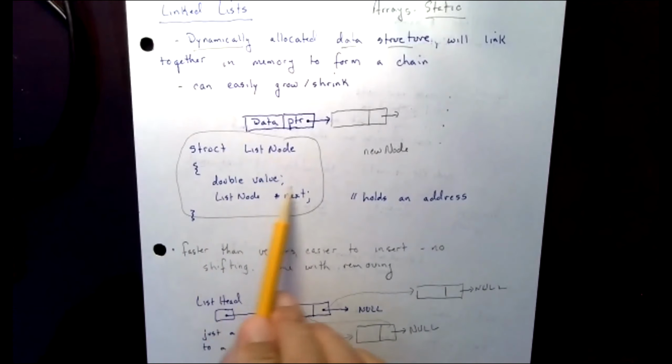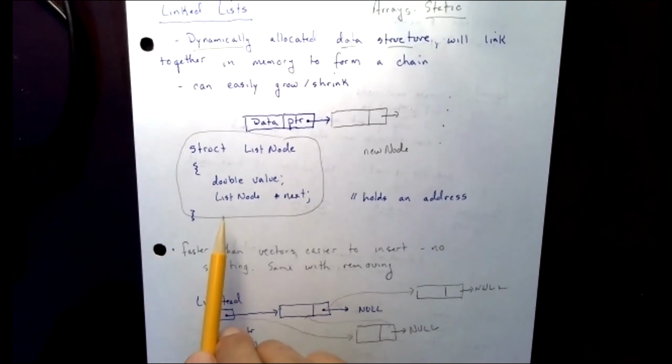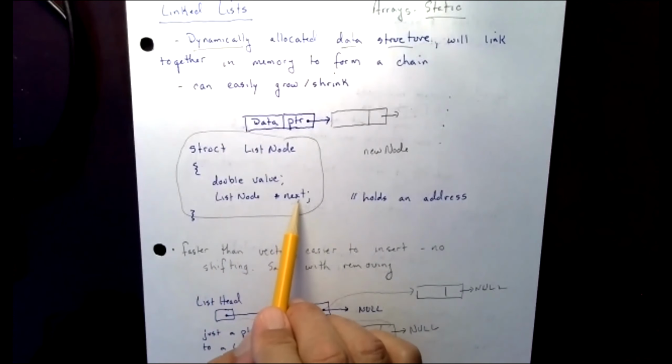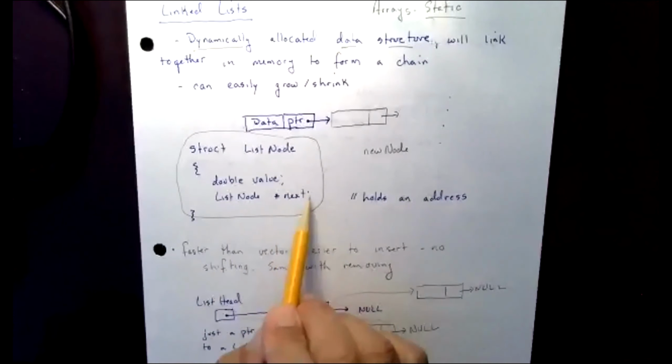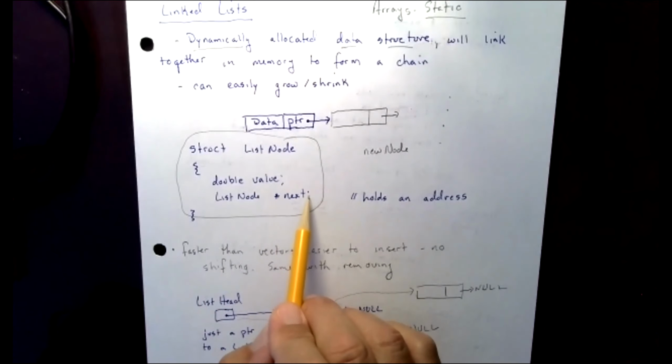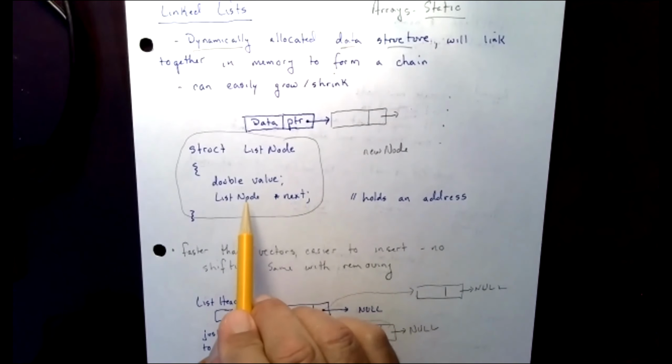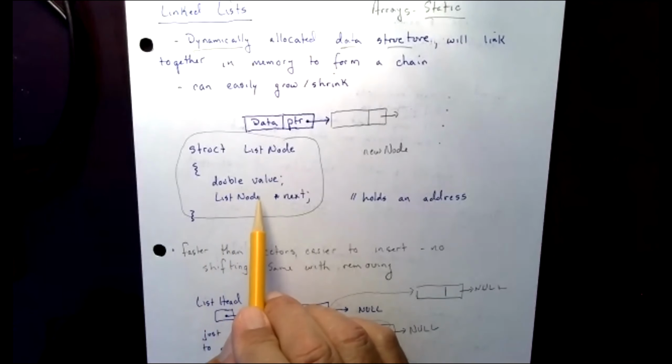So I'm going to have one value in here. And the next thing I'm going to have is a pointer called next. And what does that pointer point to? It's going to point to a struct, another list node.